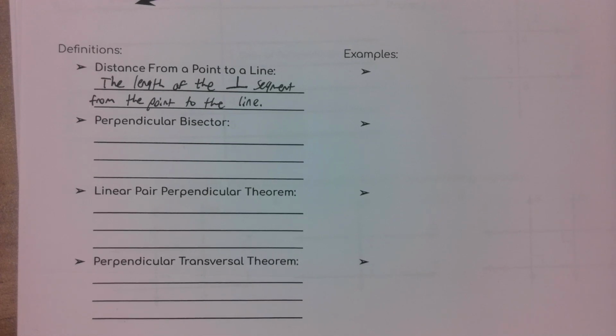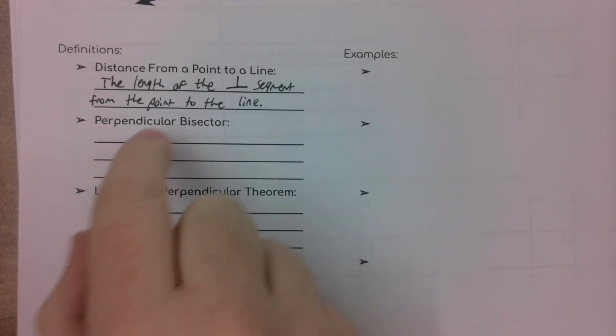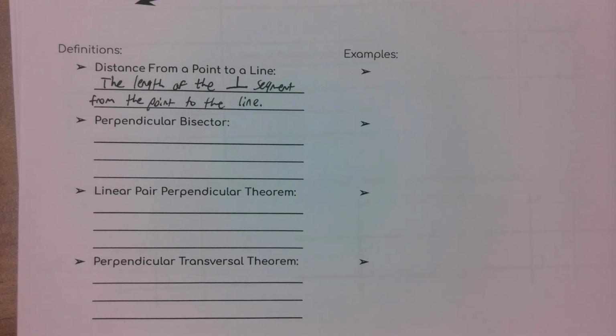There's another definition we're going to talk about, but we actually already talked about this. We talked about it back in Unit 1 when we did some constructions. A perpendicular bisector.